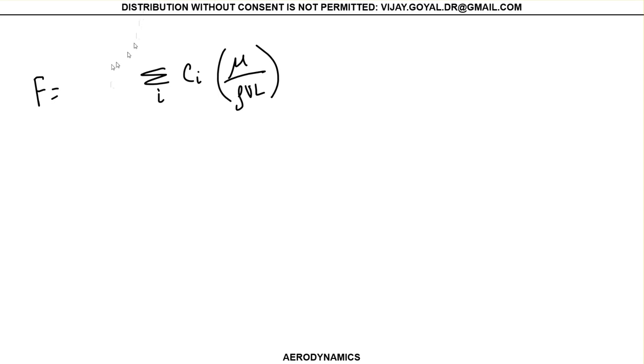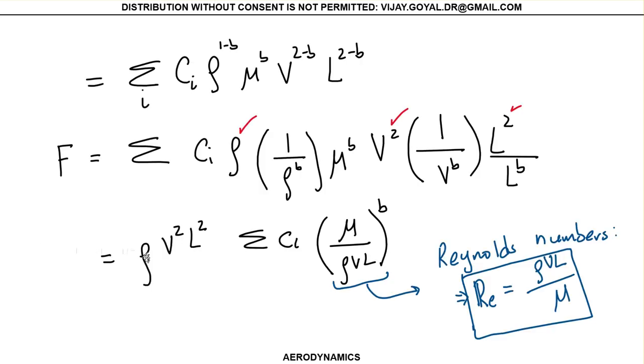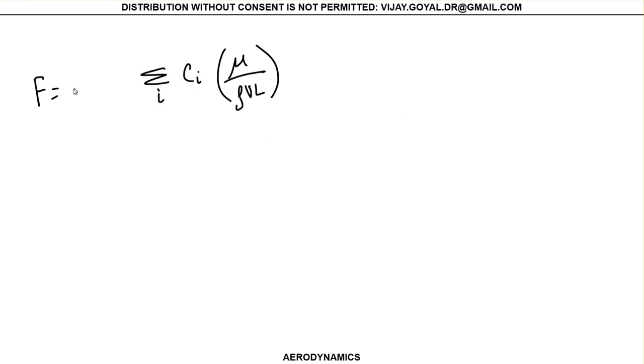And so therefore, what I could do is say my entire force is equal to the summation of Ci times (rho V L over mu) to the power, and remember we had this term right here, rho V squared L squared, so that has to stay there.